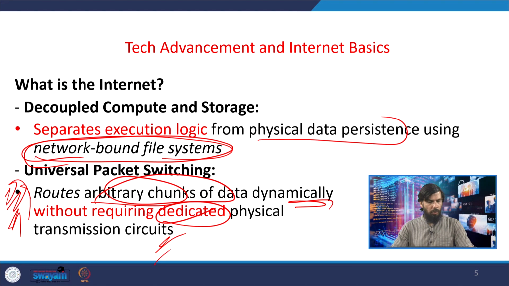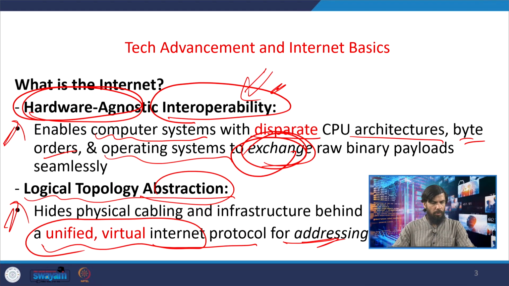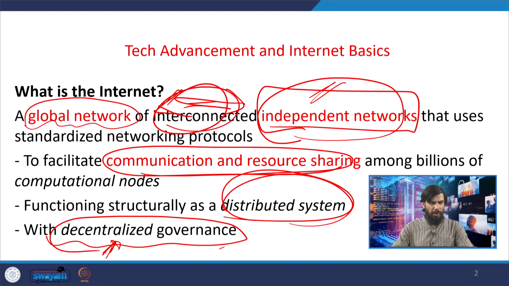Moving on. So, this was about the internet being a global network of networks, with communication and resource sharing. We talked about that. So, overall the internet works like a distributed system.